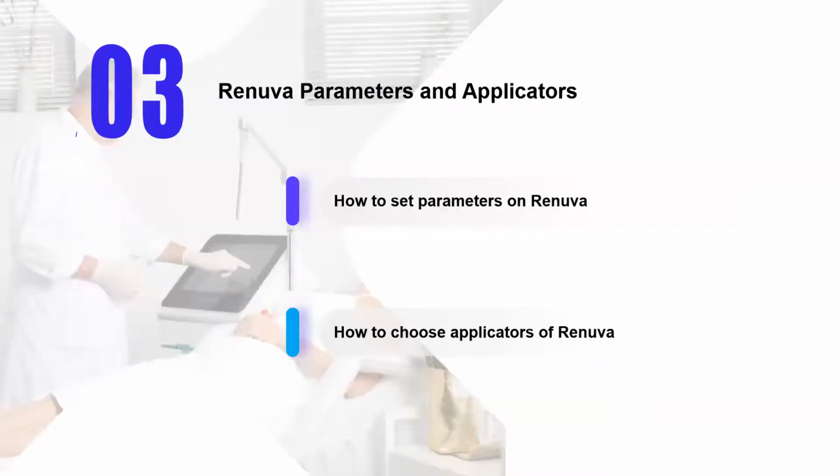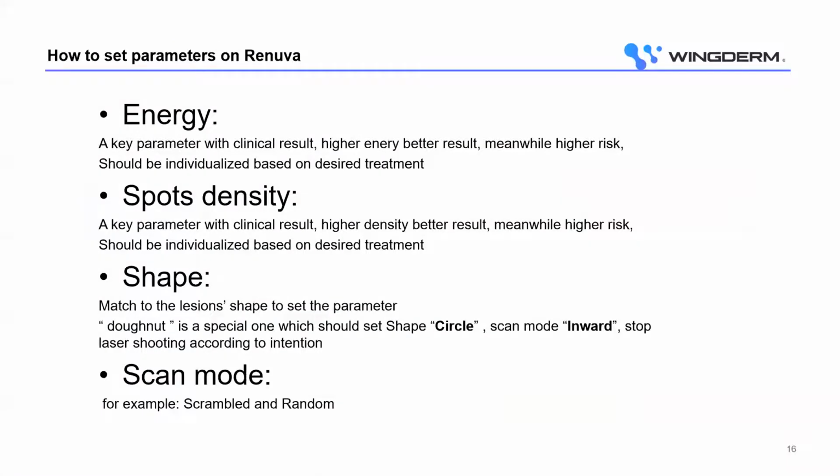Now let's discuss the parameters and applicators, how to set the parameters and how to choose the applicators. Setting the parameters is based on 4 parts like the energy, sparse density, this will be explained later, and the shape, which is matched to the relationship to set the parameters. Donut is a special one which should set shape with circle and the scan mode with inward.